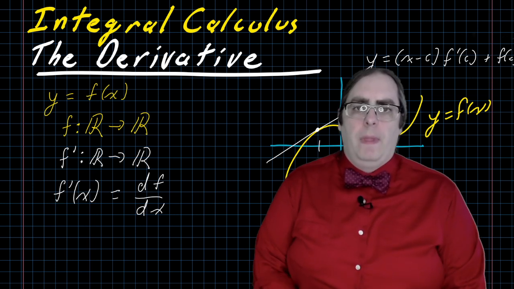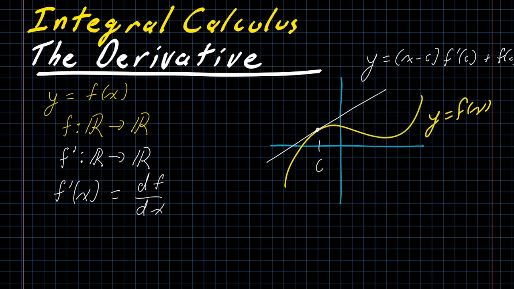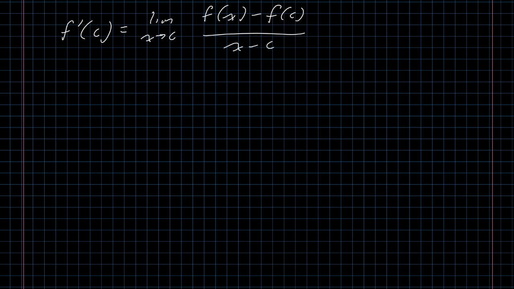All right. That's all well and good, but how do you take a derivative? Well, again, remember there's a couple of different approaches. You may or may not remember the limit definition of a derivative. There's a couple of different versions of this. F prime of c is the limit as x approaches c of f of x minus f of c all over x minus c.